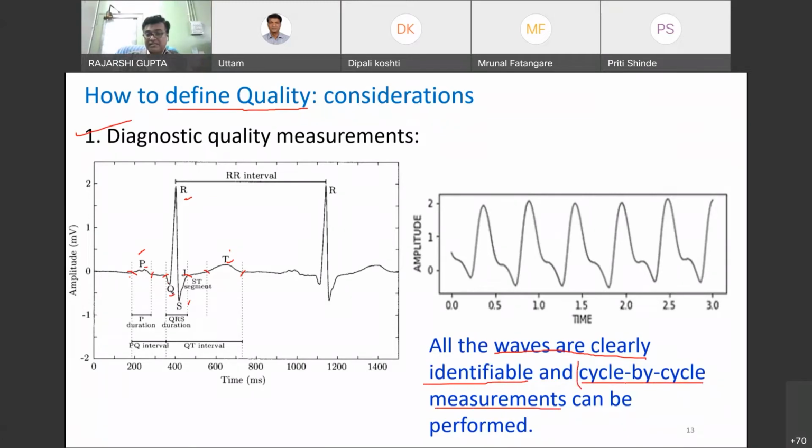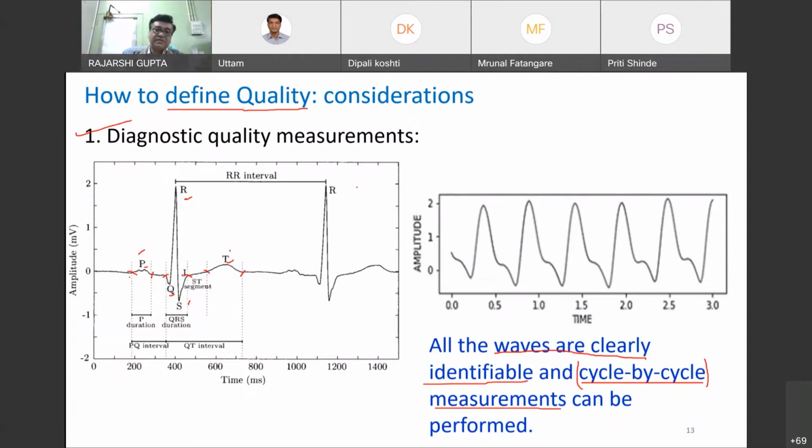There is something special about cycle by cycle measurements, because over the last few years there are many applications of what we call beat to beat measurements. The most prominent example is beat to beat blood pressure measurement. That means how the systolic and diastolic blood pressure fluctuate from one beat to the other.